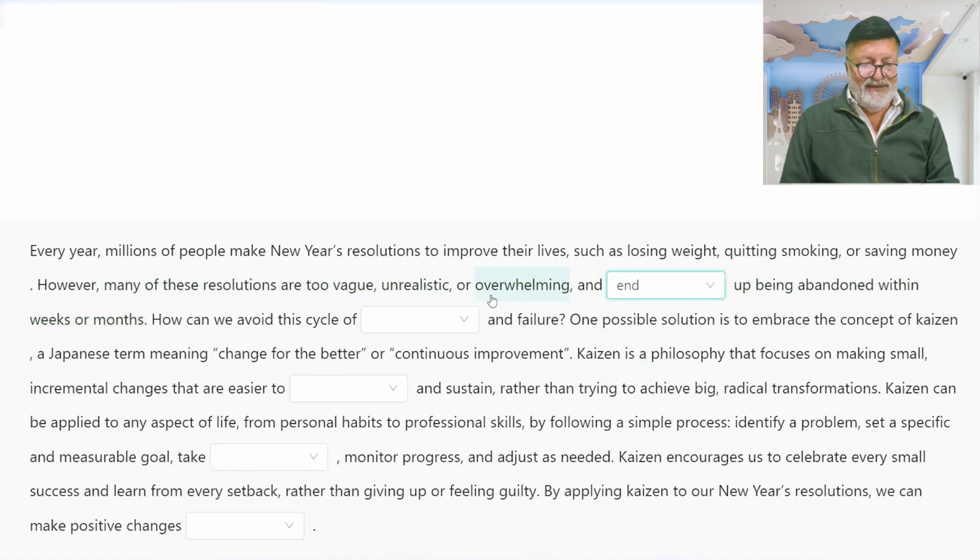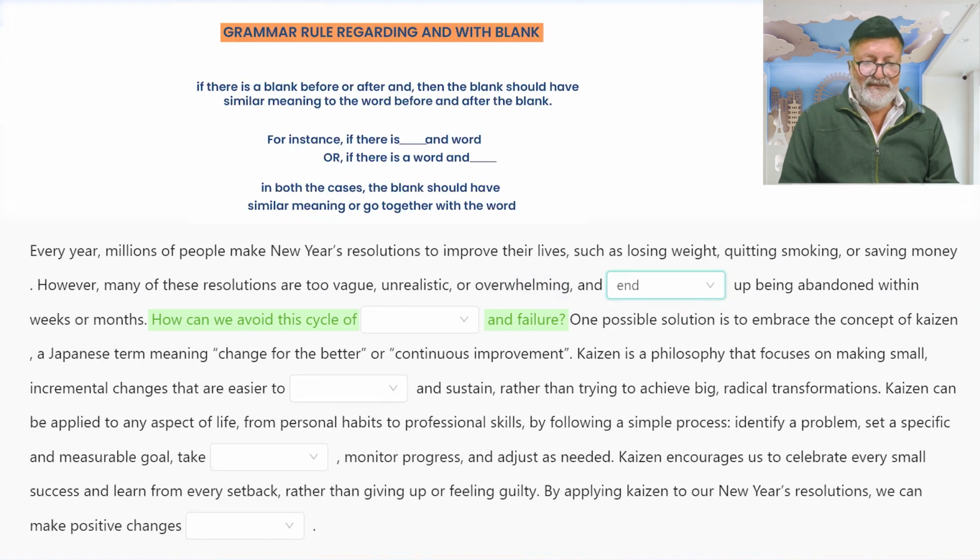In the next blank, let us start reading from "how we can avoid this cycle of dash and failure." Now friends, here there is a grammar rule regarding and with blank. The rule is, if there is a blank before or after and, then the blank should have a similar meaning to the word before or after the blank.